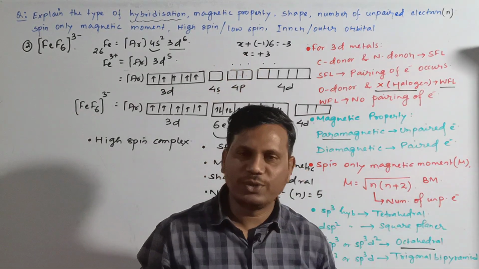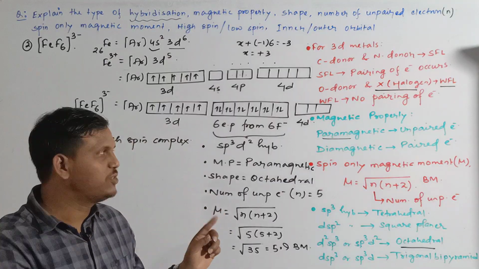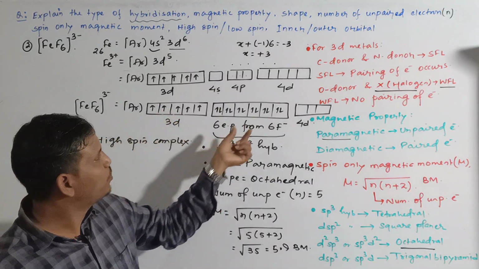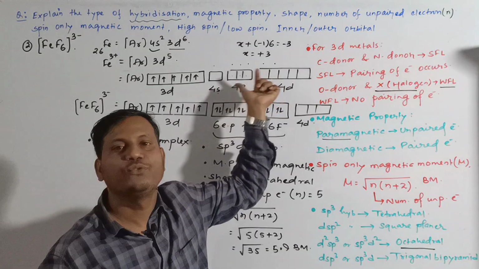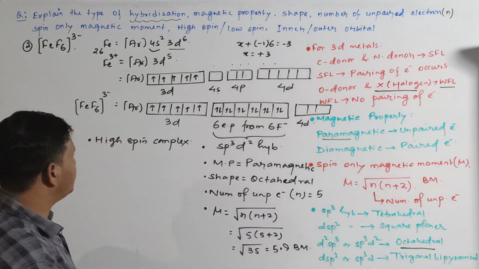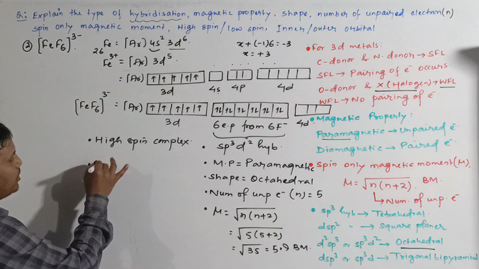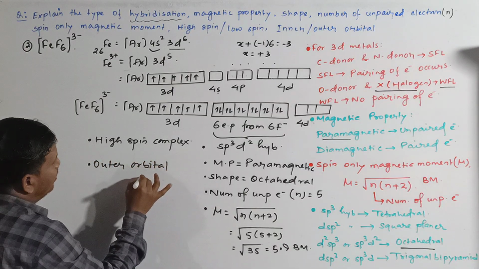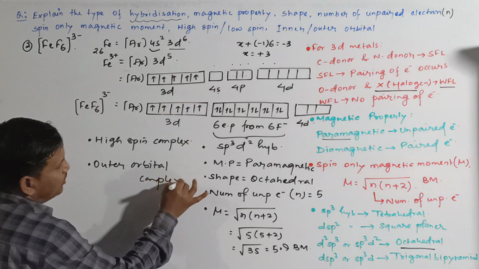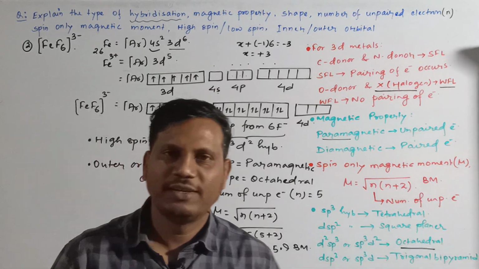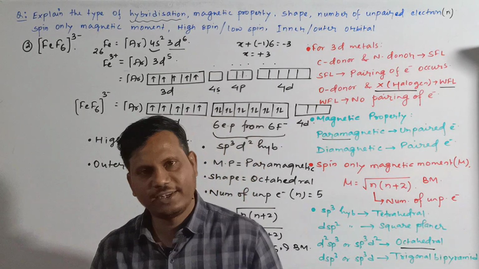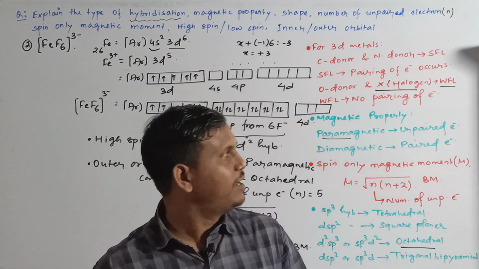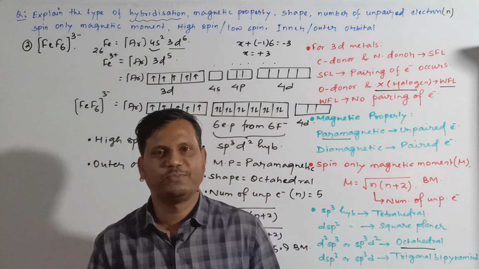And inner or outer: in the previous question inner 3d was used, so it was an inner orbital complex, but in this question outer 4d is used, so it is an outer orbital complex. In this way we find the hybridization, magnetic property, spin only magnetic moment, and high spin or low spin. Thank you.